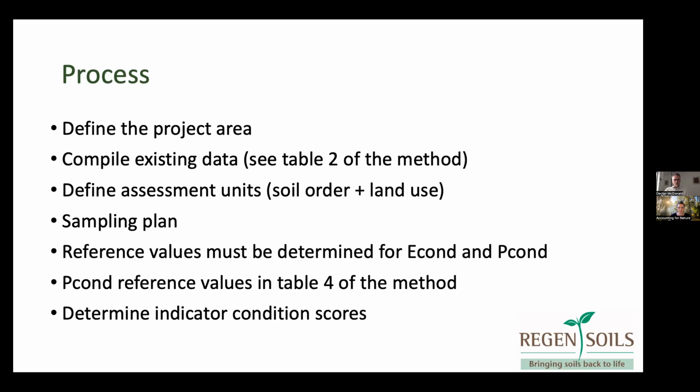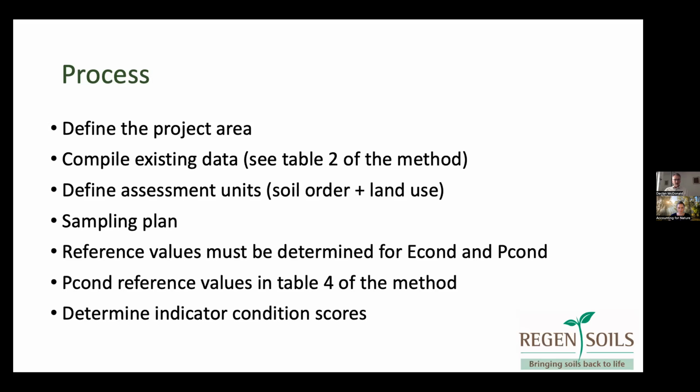The process that we go through is firstly to define the project area, and that's usually a farm or part of a farm. We need to compile existing soil data. I'm kind of headlining these points, but the detail obviously is to be found in the method.